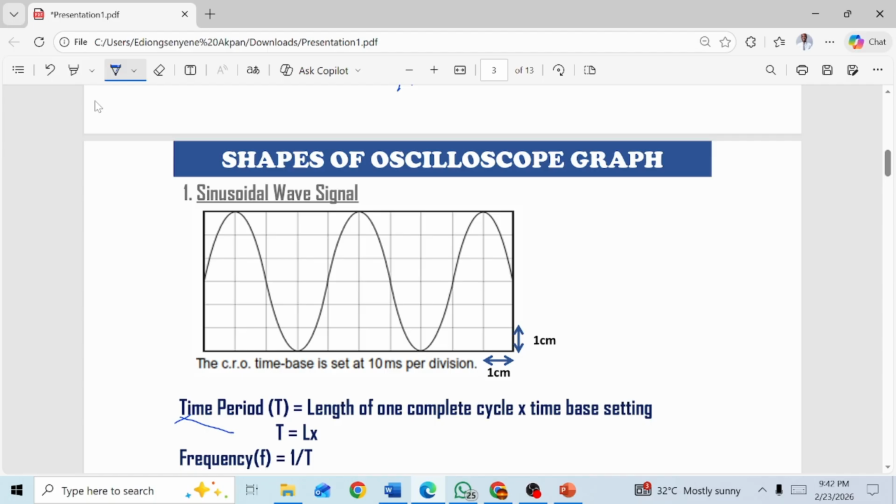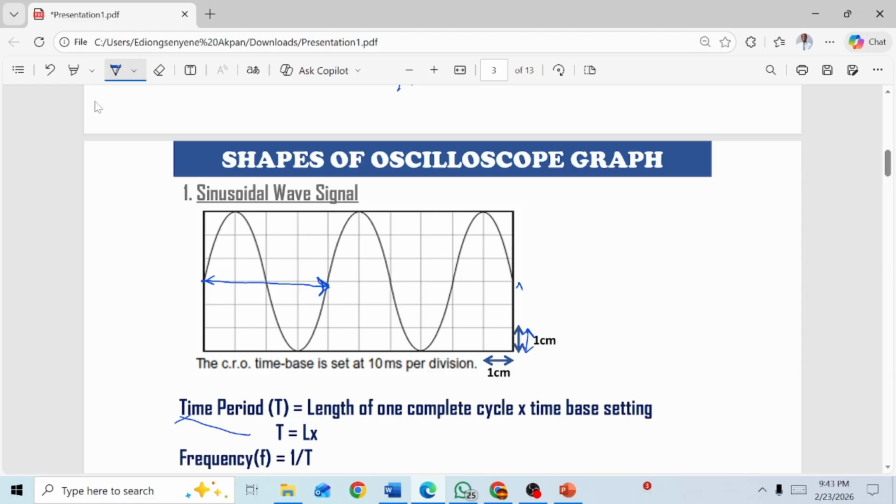For time period, what we do is identify a complete cycle. When you identify a complete cycle, you count the number of boxes that form that complete cycle and multiply by the time-base setting. At the extreme end, you will see the dimension given.